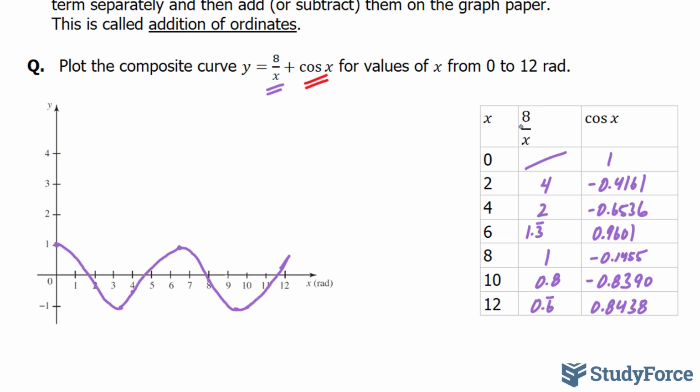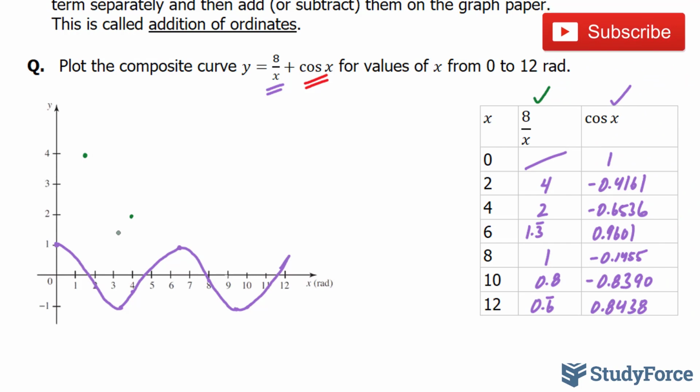Now for this, I'm not aware of what it looks like in particular, so I'll use my table to help me. And I will use the color green. So this is green, and this is purple. That being said, at 0, it's undefined. At 2, it's going to be 4. At 4, it's 2.